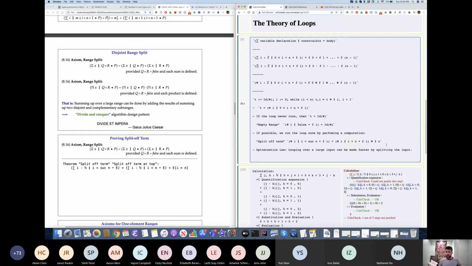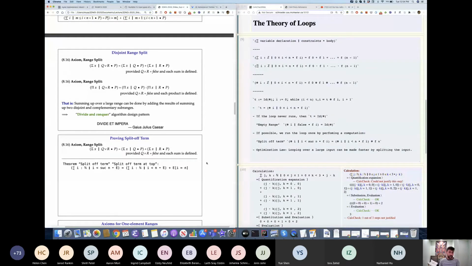For example, I have two people working on organizing some books. I give someone half the books and the other person half the books, and then they can organize them independently. That's much faster. This is the idea of divide and conquer that you see repeatedly in programming, and it shows its face as a range split rule. Recall we called this part the range, the part in the middle, and here we split it.